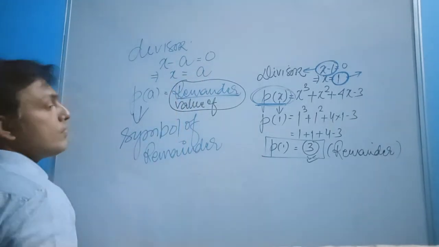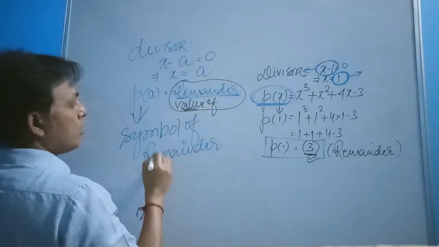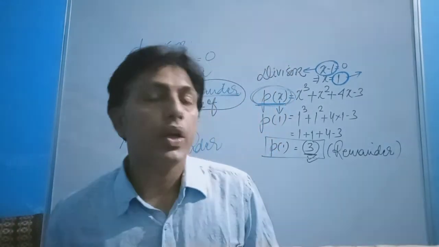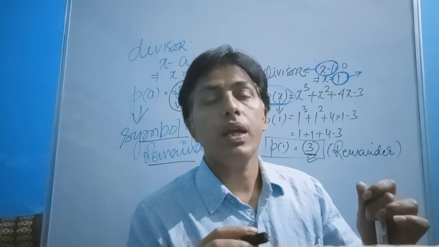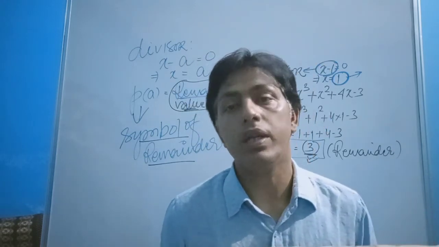Alright? So value and symbol. Last example. Suppose you are dividing a polynomial by x minus 10. What will be the symbol?